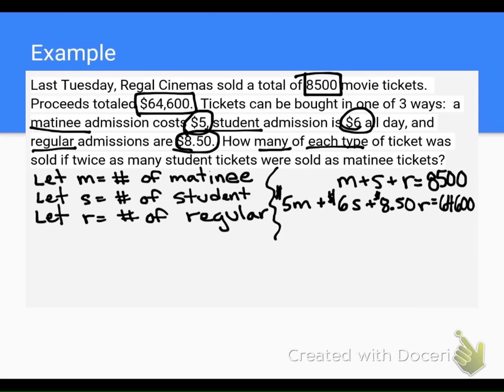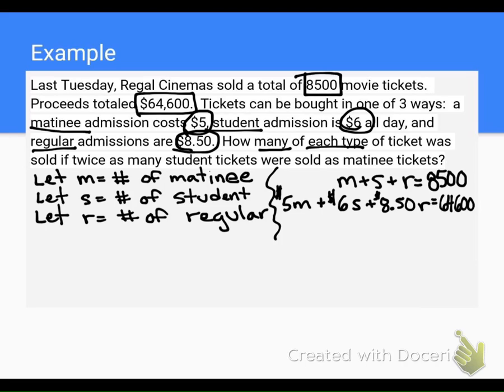Okay, so we have 2 equations, but we have 3 variables, so we need to look for our third equation. We've used all of the information from the beginning sentences. We just have the last sentence left. Twice as many student tickets were sold tells us that the number of student tickets sold is going to be greater.